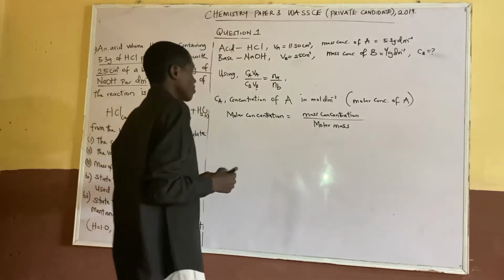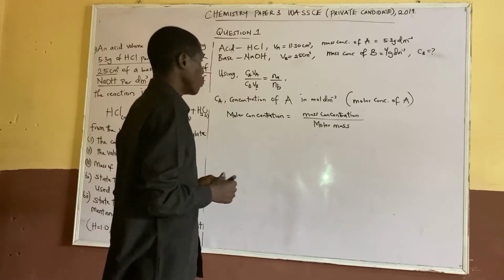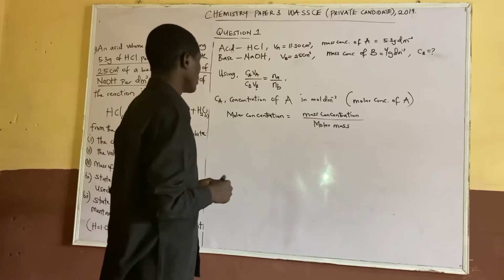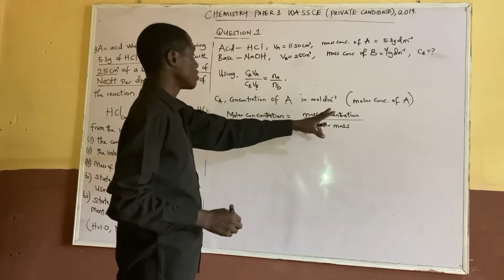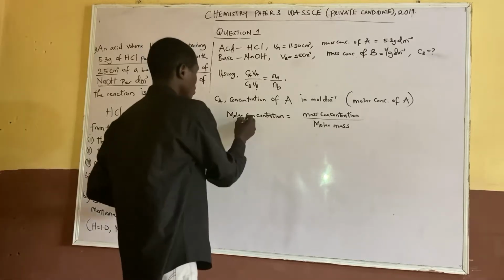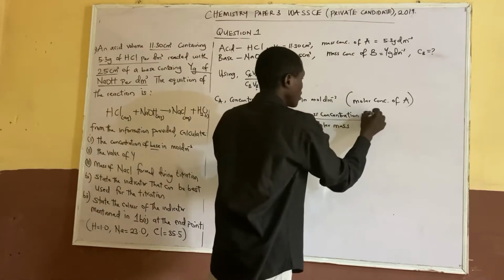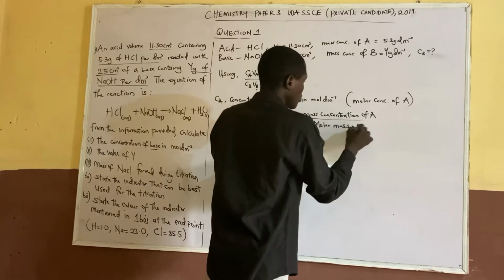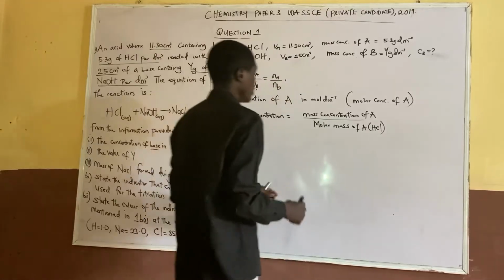So molar concentration is equal to mass concentration over molar mass. Which means that if I want to calculate the concentration of A in mole per dm cube, all I need to do is to calculate the molar concentration of A using the formula: mass concentration of A all over molar mass of A, which is HCl. Don't forget that A is HCl.